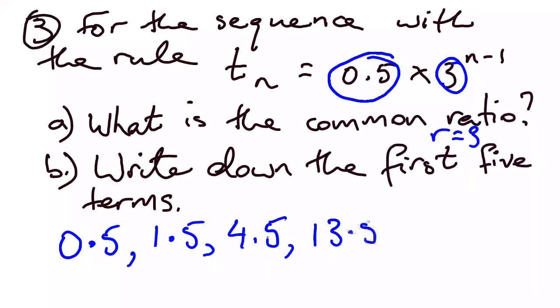How many do I need? 5. And I multiply that by 3, which is going to test me. 39 plus 1.5 is 40.5. Hang on. 39, 40.5. Please check those. I'm not entirely sure. And just so I see it looks like a sequence, I might write it like that.